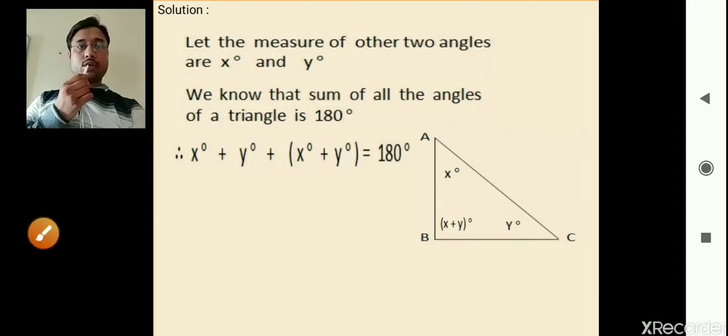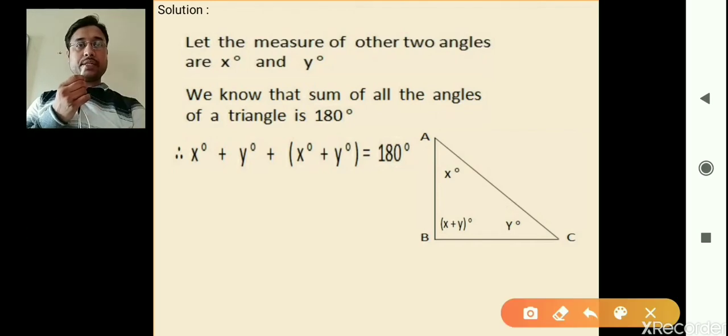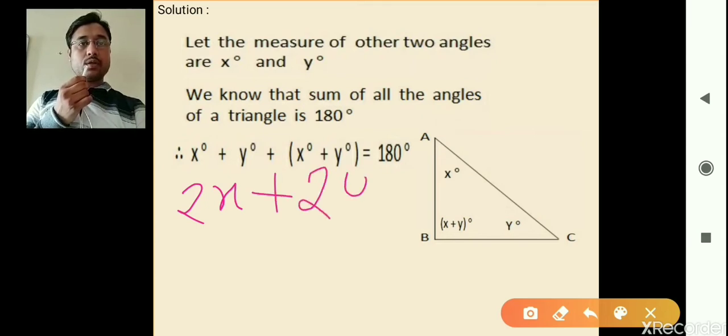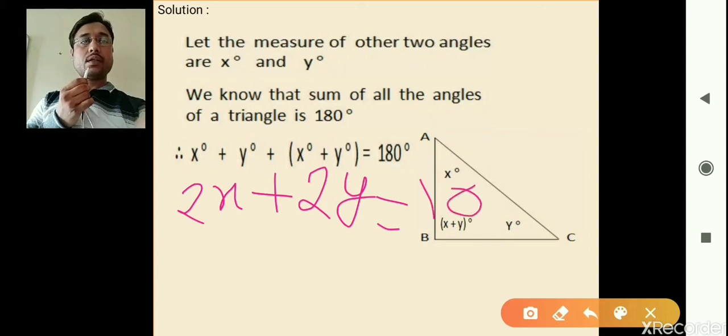So the sum of all the angles you will add. What will it come? x plus x will come 2x, plus y plus y, 2y. So 2x plus 2y is equal to 180 degrees.